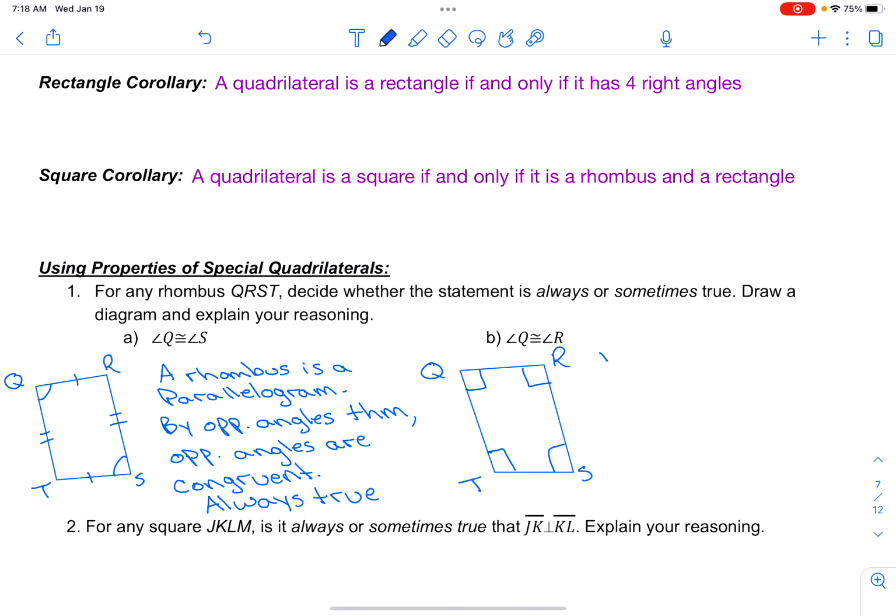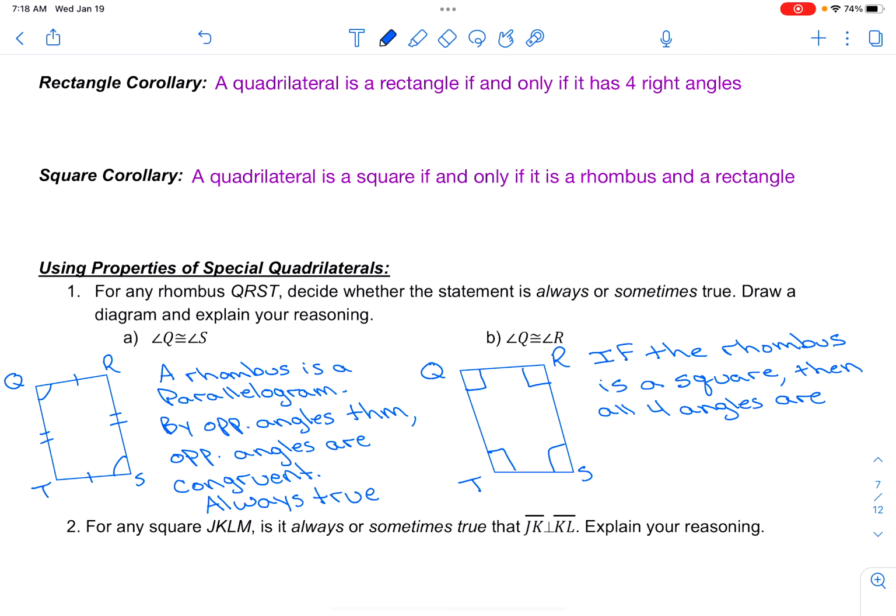So if the rhombus is a square, then all four angles are right angles.